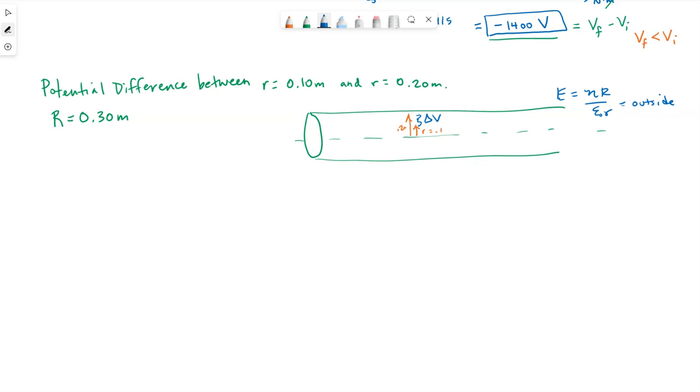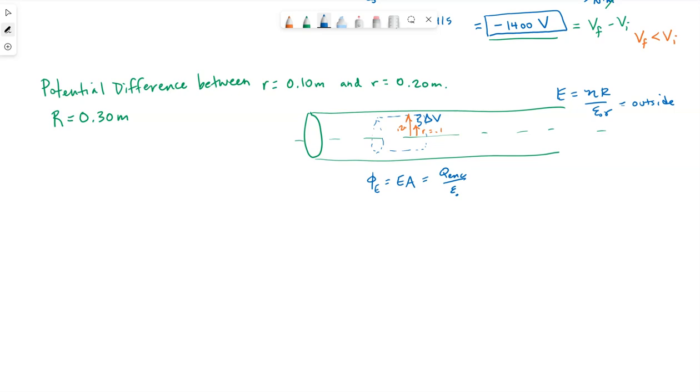So when our conductor, if you remember Gauss's law, if we were to draw a Gaussian surface at either radius, r, 0.1 or 0.2, when we talk about the electric flux through this cylinder, because of the symmetry, we can say the flux can be calculated by E times A, but it is also equal to the charge enclosed divided by epsilon naught.